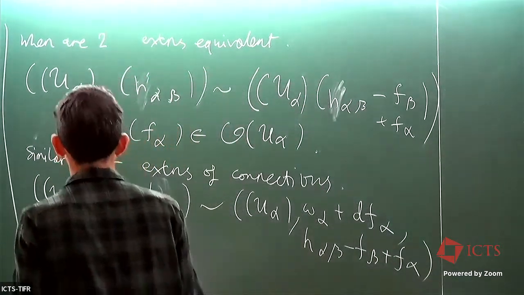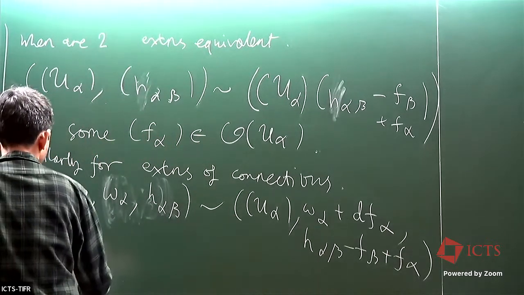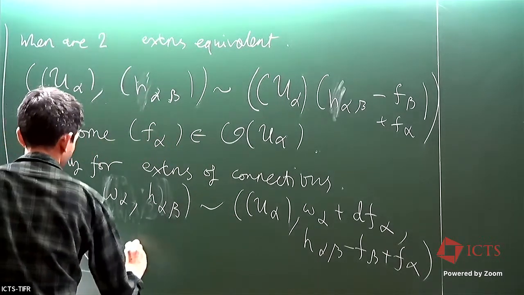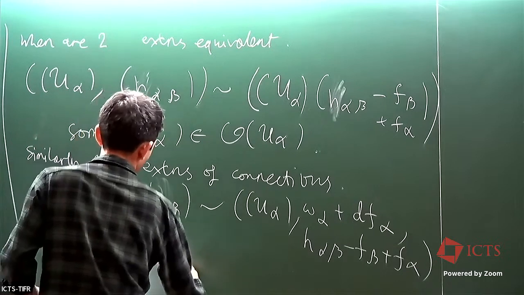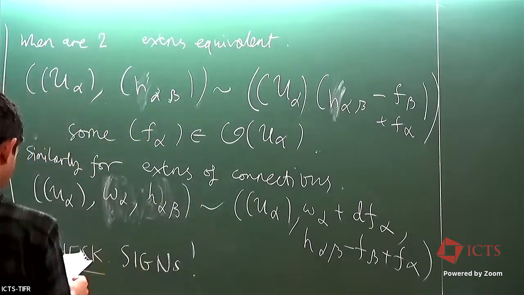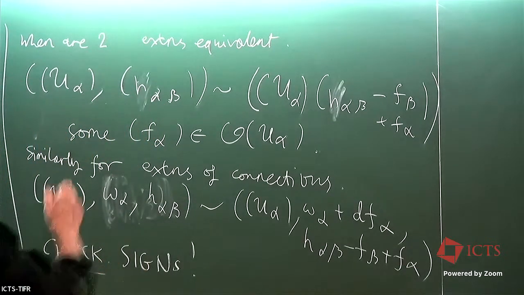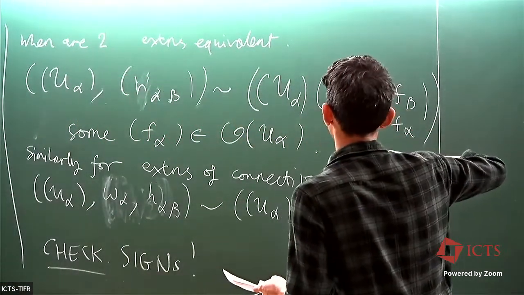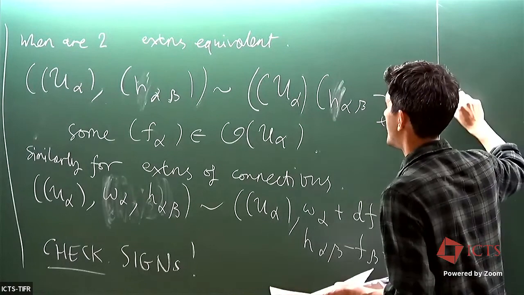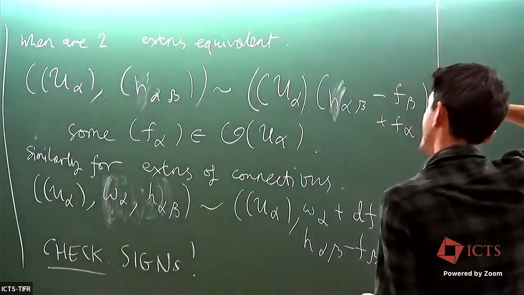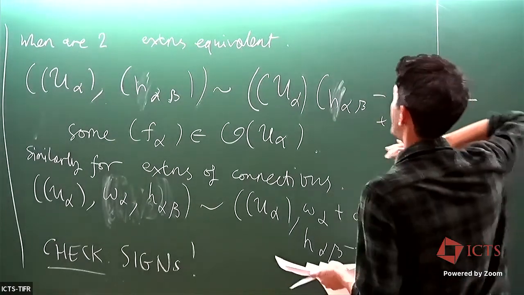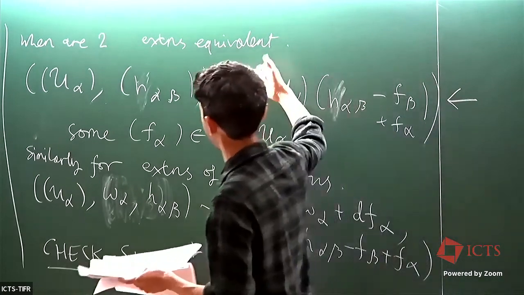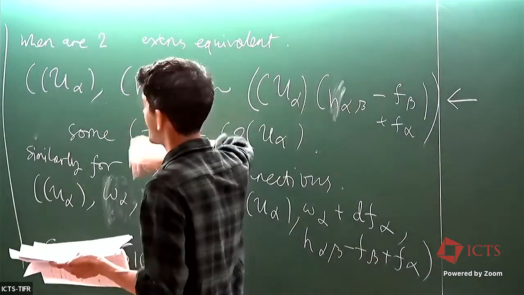And again, I should have checked the signs. Well, this set modulo this equivalence relation, it's obviously a vector space because we can add the H alpha betas.